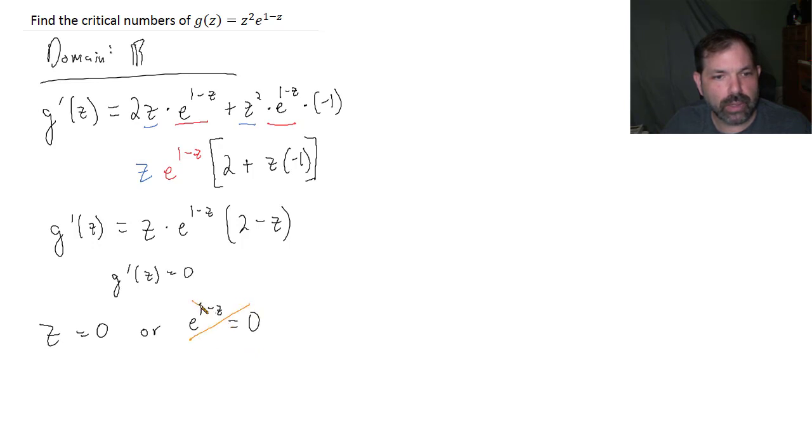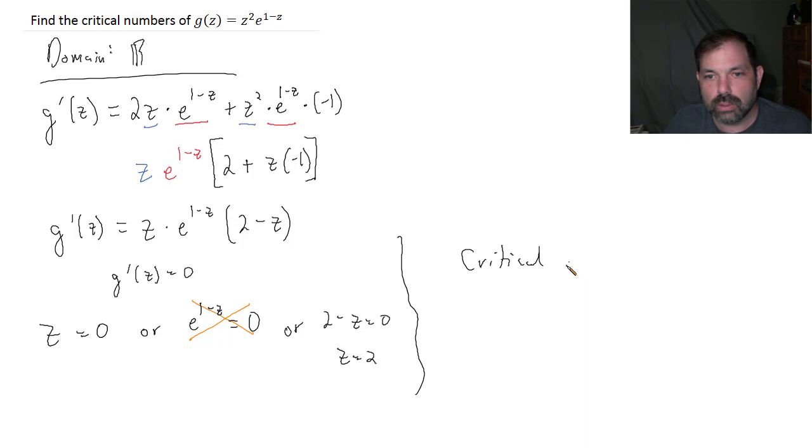There are no values of z that make this true. Or 2 minus z is 0, and that implies that z equals 2. So then the critical numbers of g of z are z is equal to 0 or 2.